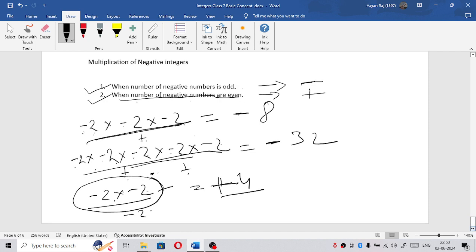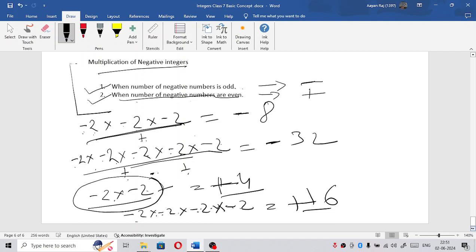Minus 2 into minus 2 into minus 2 into minus 2. Again minus minus plus, plus minus minus, and minus minus plus. So again plus, 2 2s are 4, 4 2s are 8, 8 2s are 16. So the answer would be 16. So in multiplication of negative integers, when the number of negative numbers is odd, the sign would be minus, and when the number of negative numbers is even, the sign would be plus.